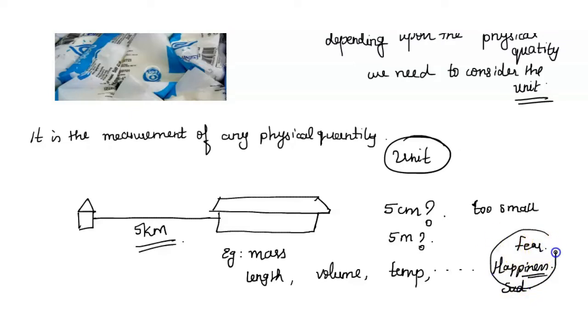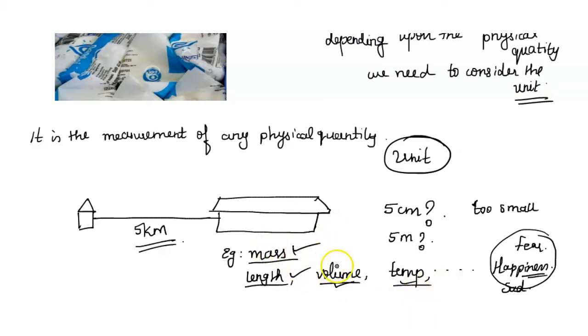These are quantities which cannot be measured using devices, but we can measure quantities such as mass, length, volume, temperature, etc. by using some devices. Mass can be calculated using a weighing machine, length can be measured using a meter scale, volume can be measured using some equation, and temperature can be measured using a thermometer.